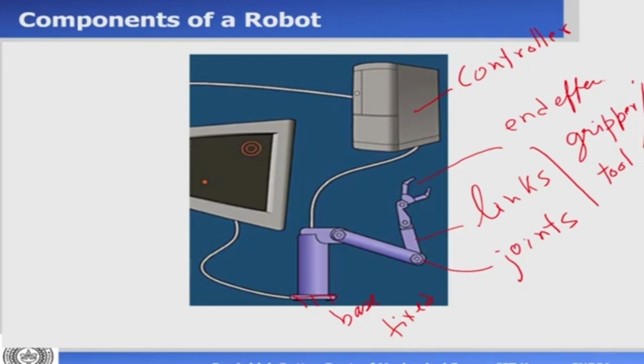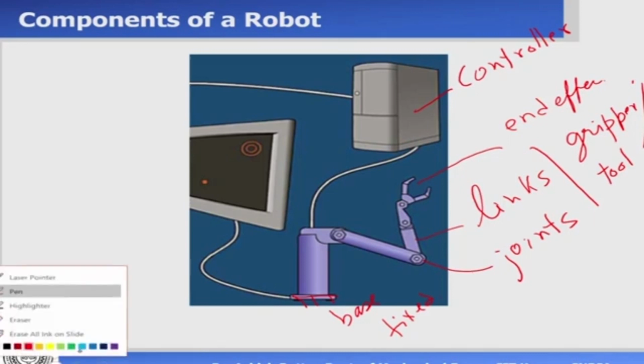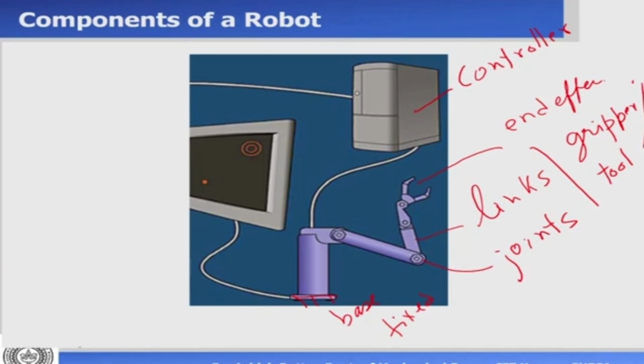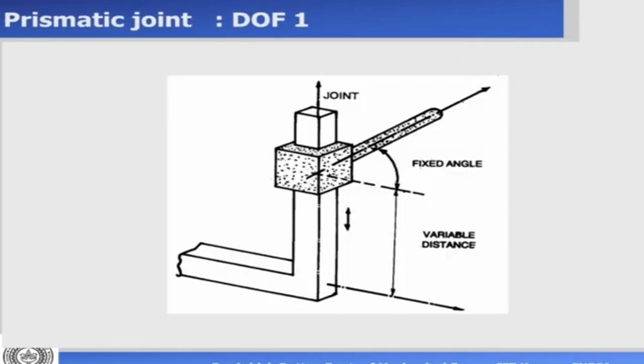These are the various subsystems that make up a robot, and as we go along in this course, we'll be looking at each of these. We'll start off today by looking at joints, then we'll look at kinematics. When you connect the joints, how do you perform the kinematics? That is, how do you go from one link to the other link? And then what is the shape of the work volume? And finally we'll look at control systems. So let's start off by looking at different kinds of joints.